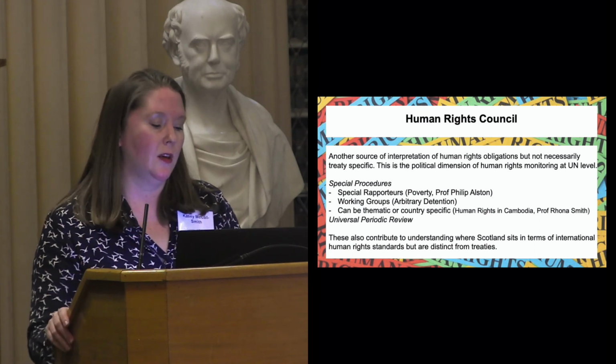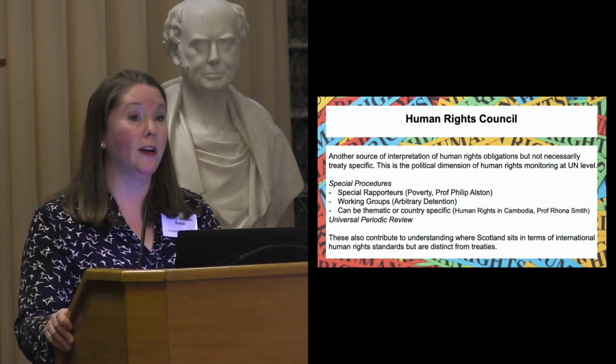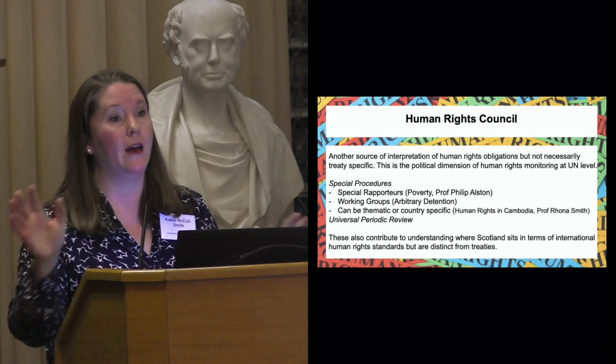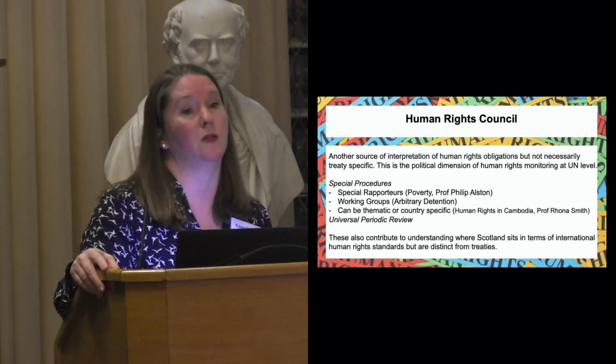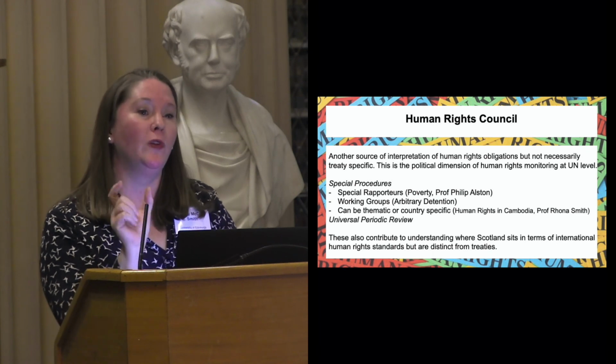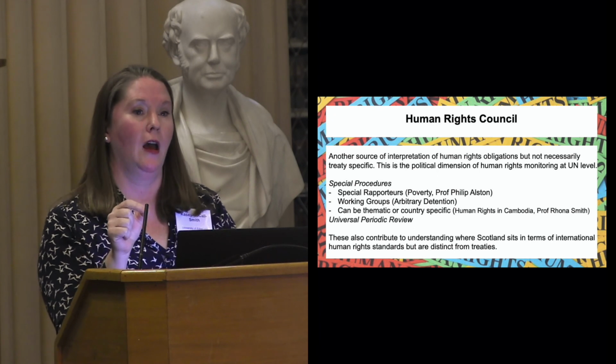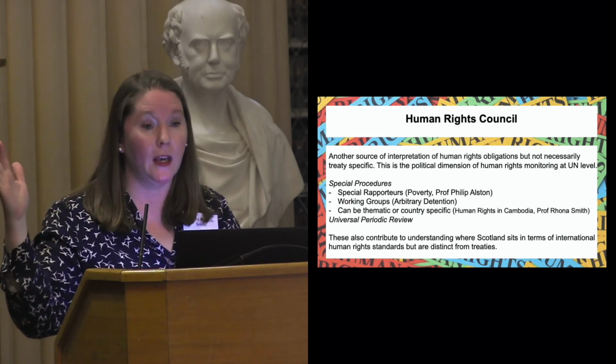The Human Rights Council is also responsible for the Universal Periodic Review, which is how every state in the United Nations is reviewed on their human rights record. It's important because sometimes that's the only way that we get any kind of glimpse into a country and its human rights situation. So even countries like North Korea engage.